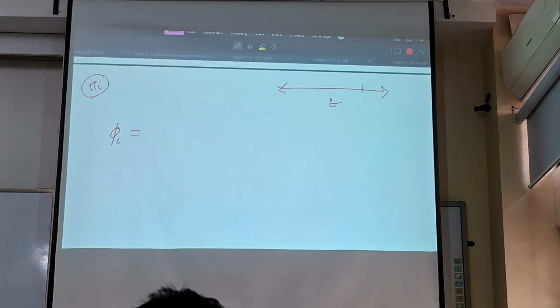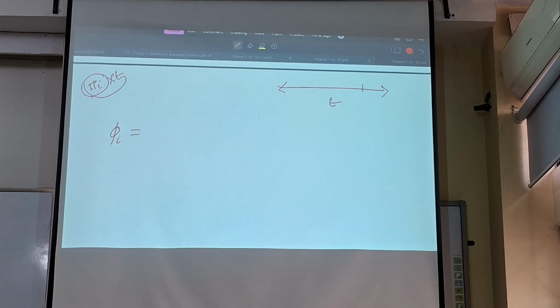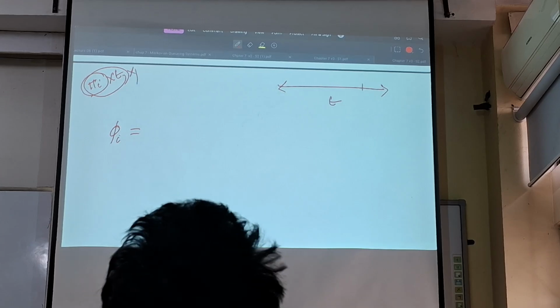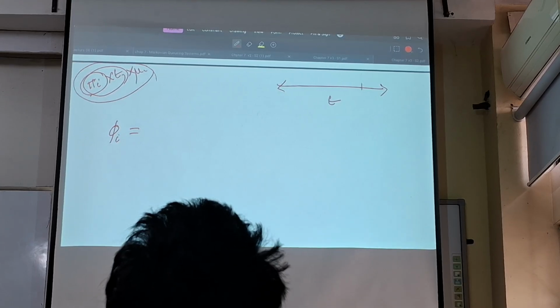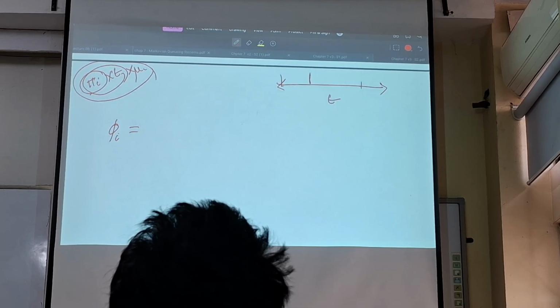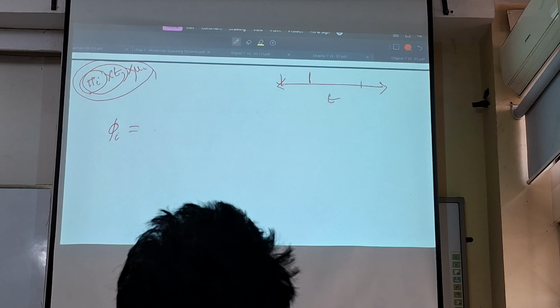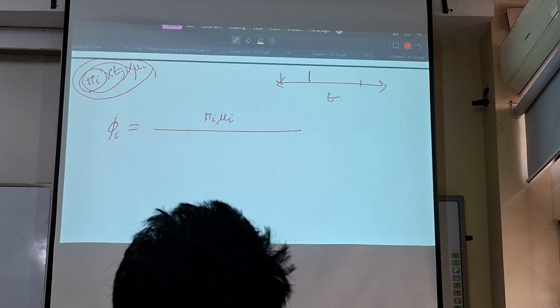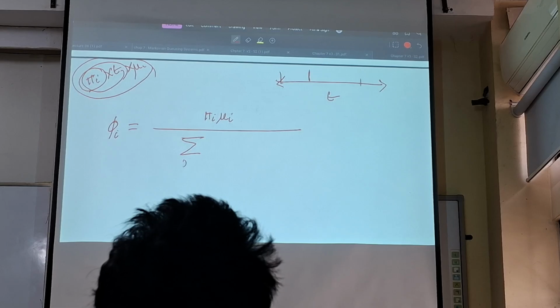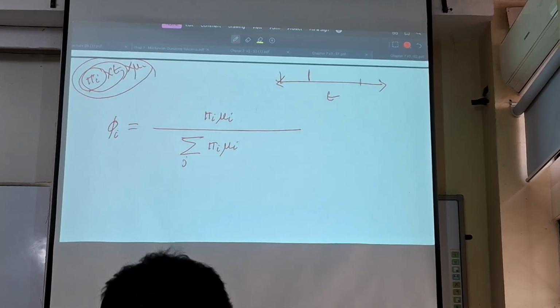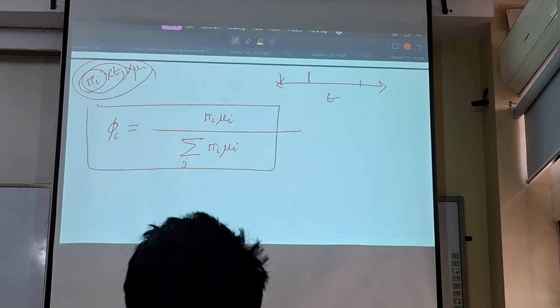And if we multiply this one with T, and then multiply with mu I, then actually it gives us the fraction of time the process will take. And then actually this phi I can be considered as pi I times mu I divided by the sum over all j of pi j mu j.